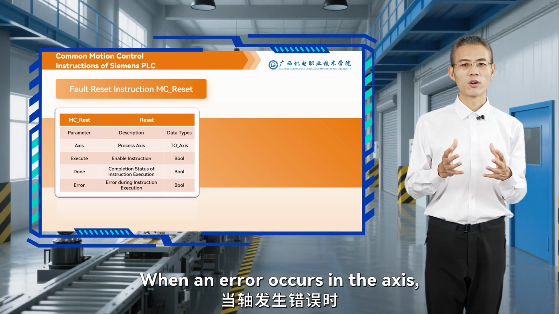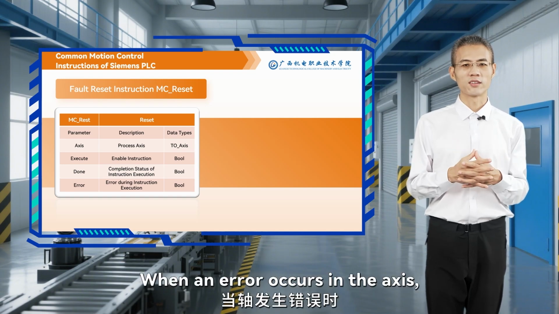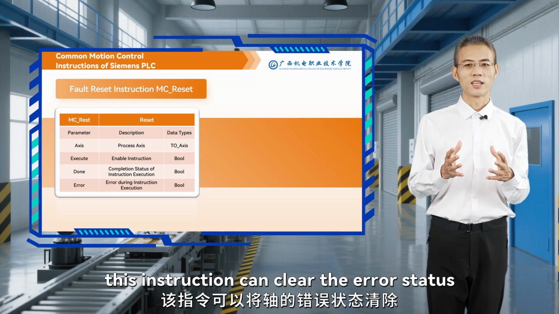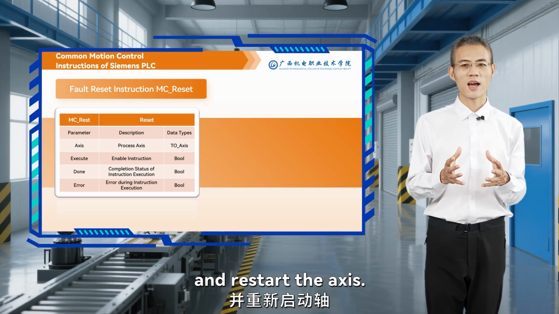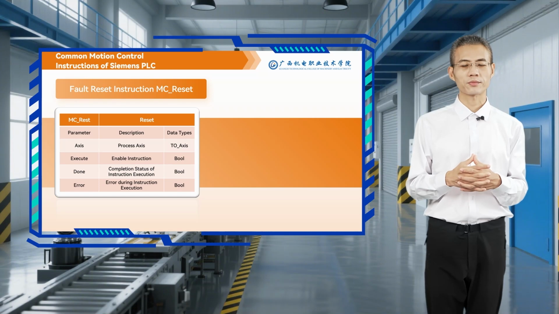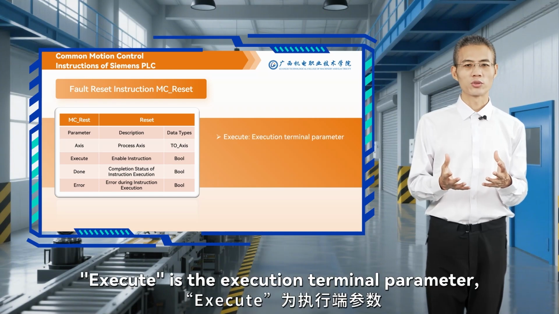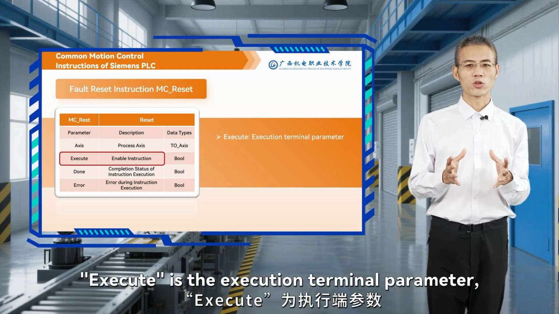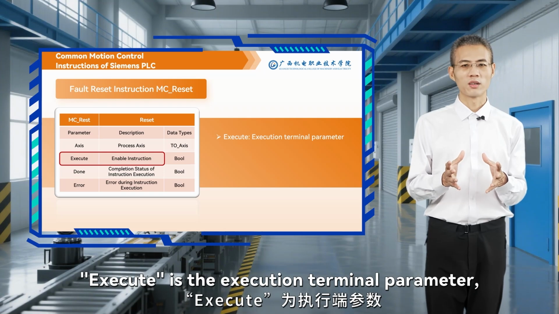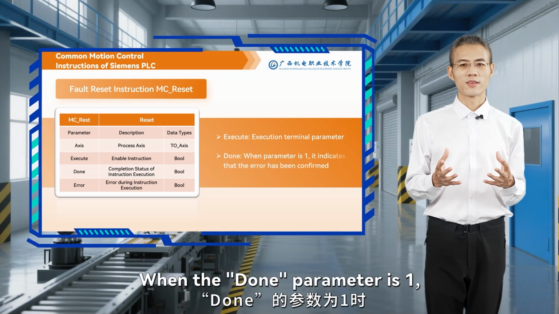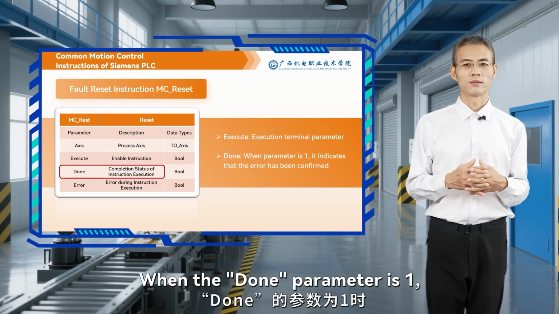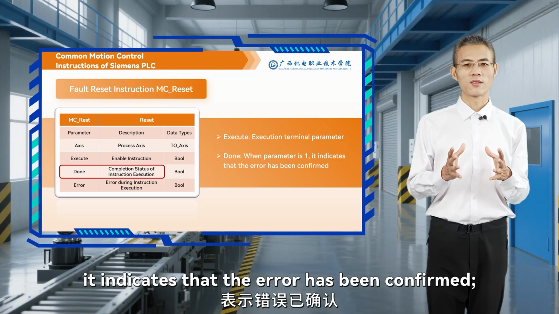When an error occurs in the axis, this instruction can clear the error status and restart the axis. Execute is the execution terminal parameter, which triggers the instruction on a rising edge. When the done parameter is 1, it indicates that the error has been confirmed.